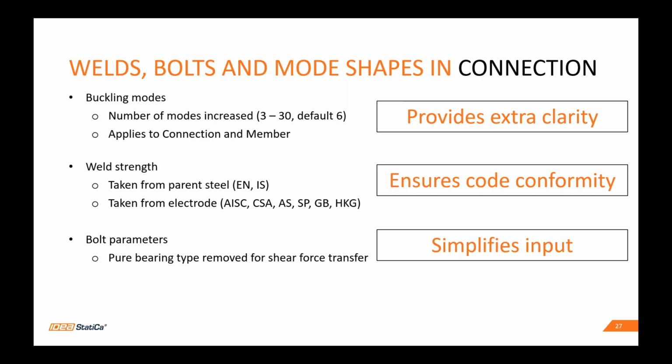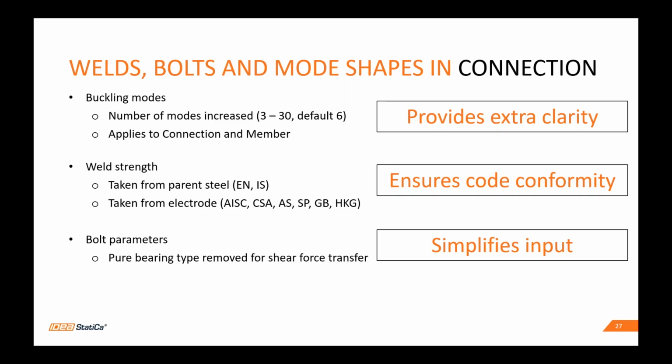Sometimes 6 wasn't enough for the checking of complex members or class 4 cross sections. So this new version brings the possibility to increase this up to 30, but the default still remains at 6, and this applies to both connection and member.